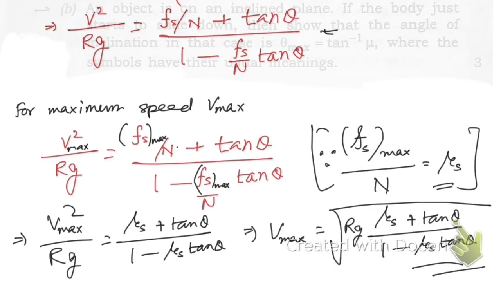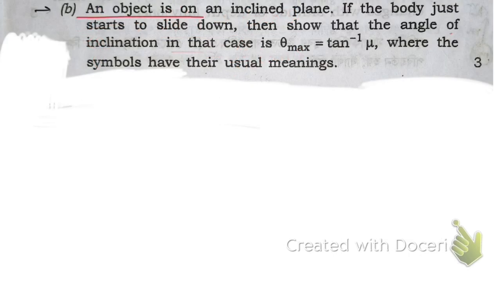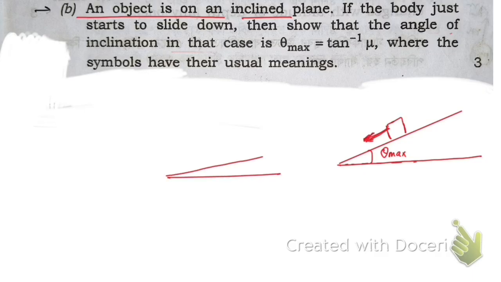Now let us take the next question. So here is the next question. An object is on an inclined plane. This is an inclined plane, suppose, and here we have an object. Now the angle made by this inclined plane with the horizontal is theta max, such that this object starts to slide down. Suppose this was the initial angle of inclination, theta 1. Now it is increased to theta 2.